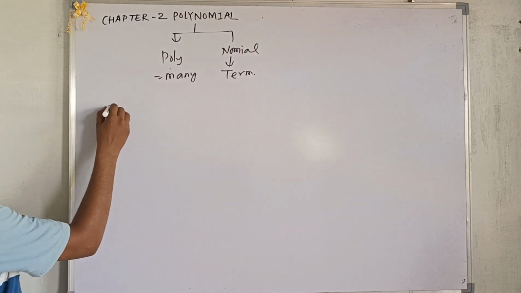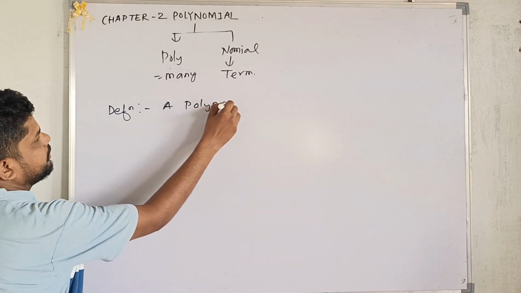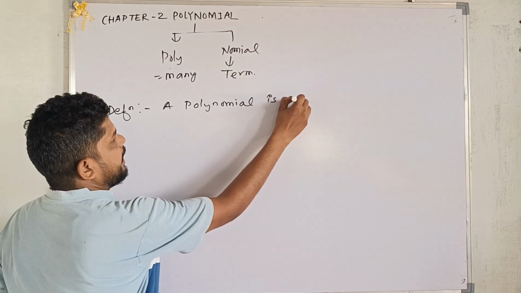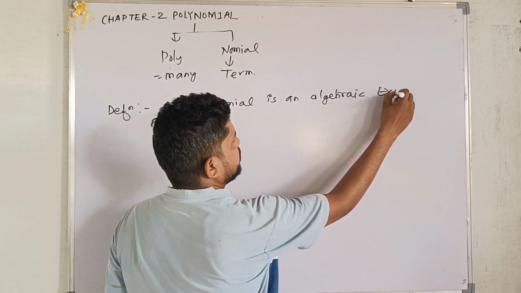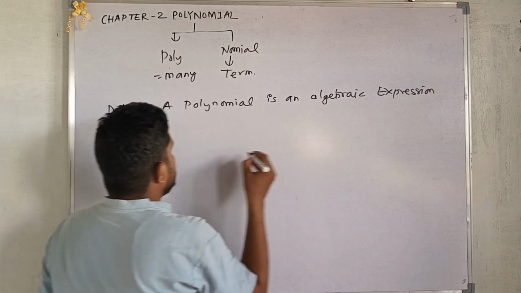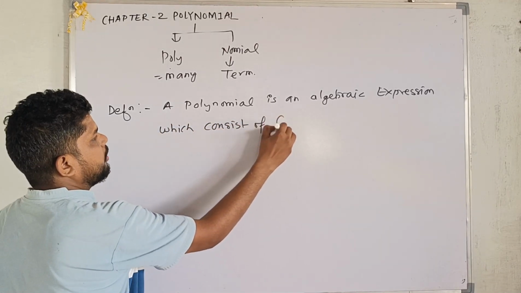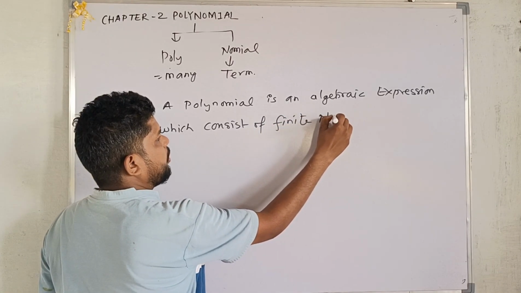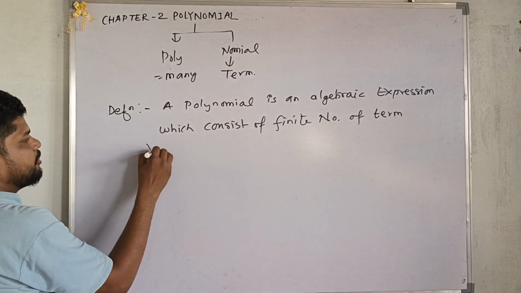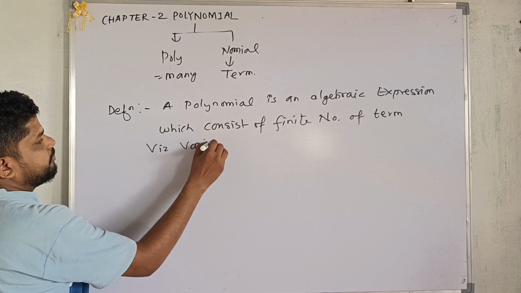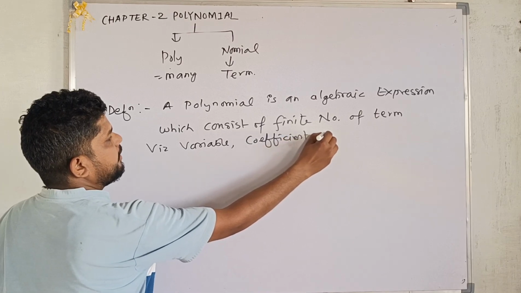So polynomial basic definition, I just want to give you all that a polynomial is an algebraic expression which consists of a finite number of terms, and those terms are variable, coefficient and constant.